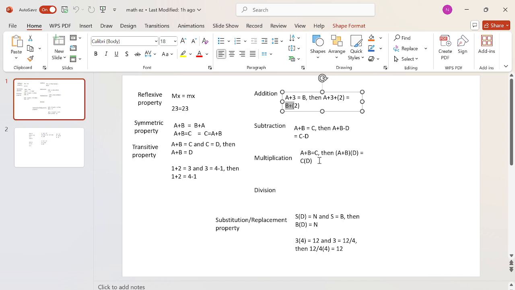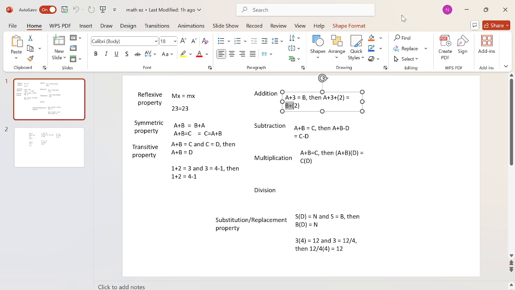Yeah, it's basic math. Get it right. So in multiplication, it's just like subtraction and addition, but you just multiply, like a pattern. So A plus B equals C, and if you multiply D to A plus B, you should multiply D to C too.